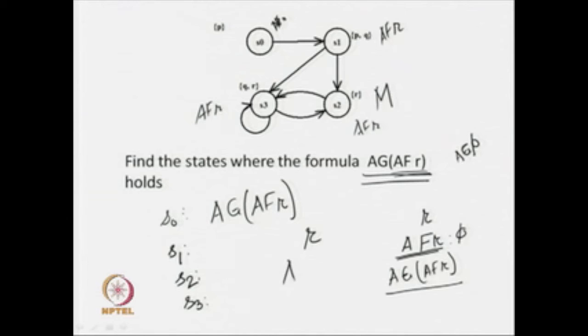Then another subformula we have is AF R. Before going to AG AF R, we must know the truth values of AF R in each and every state. Then only we can look for the truth values of the given formula AG AF R. So, after analyzing this model, we have found that AG AF R is true in all those 4 states.